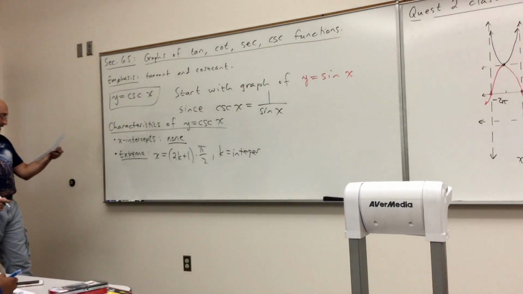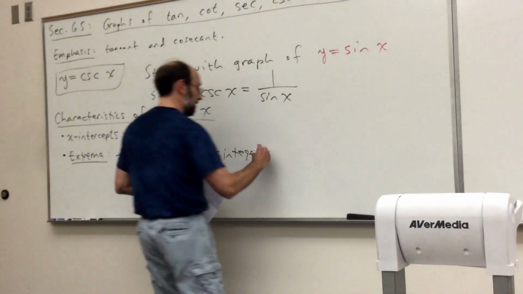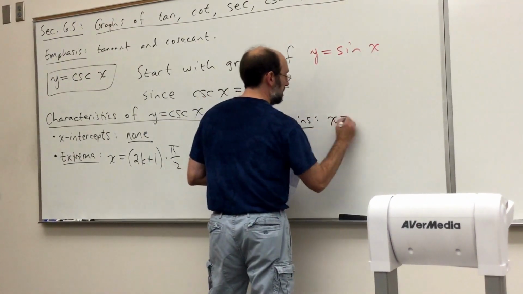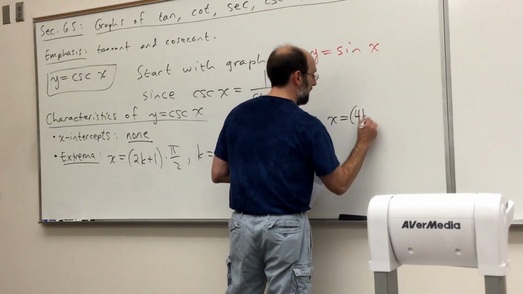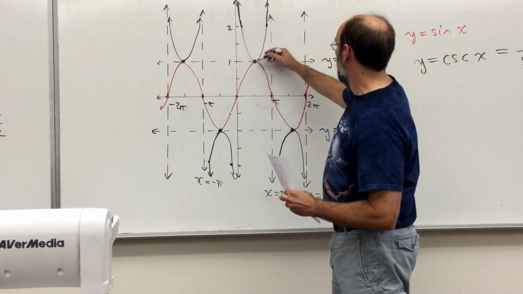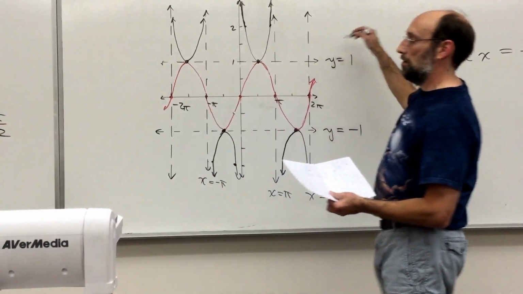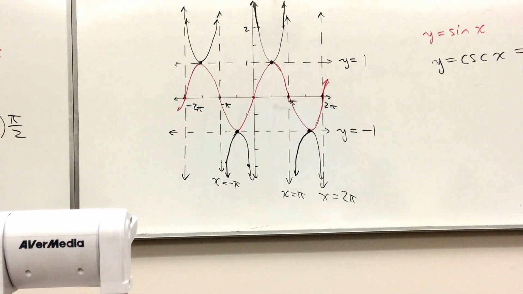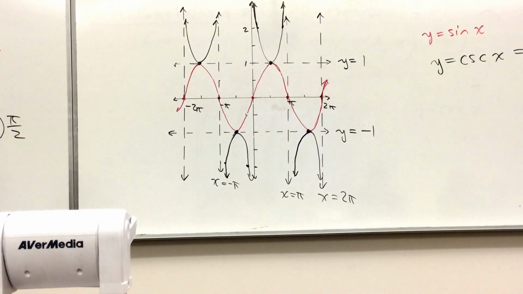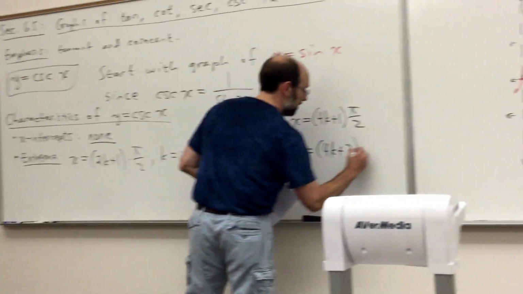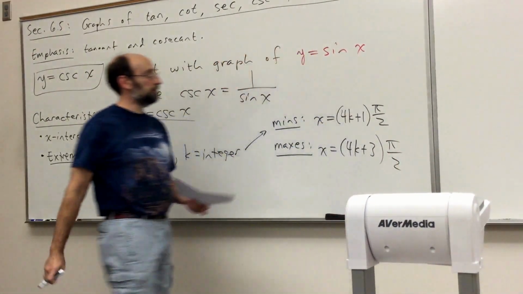And so I could say that the mins will occur at x equals (4k plus 1) pi over 2, okay? So 1 pi over 2, 5 pi over 2, etc. And then the maxes will occur at x equals (4k plus 3) pi over 2, okay?